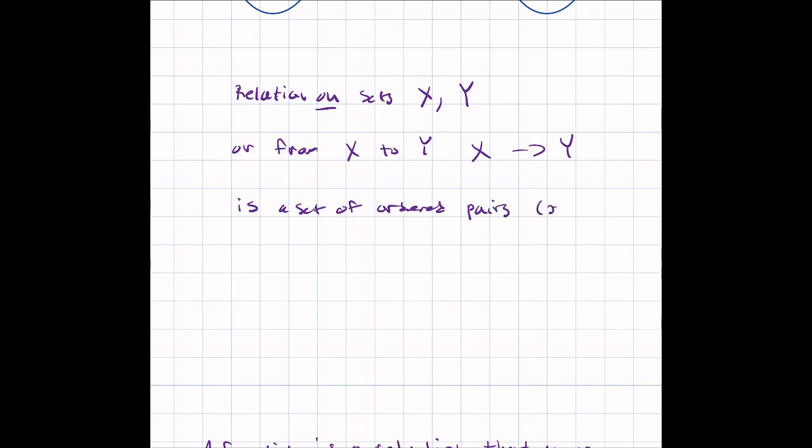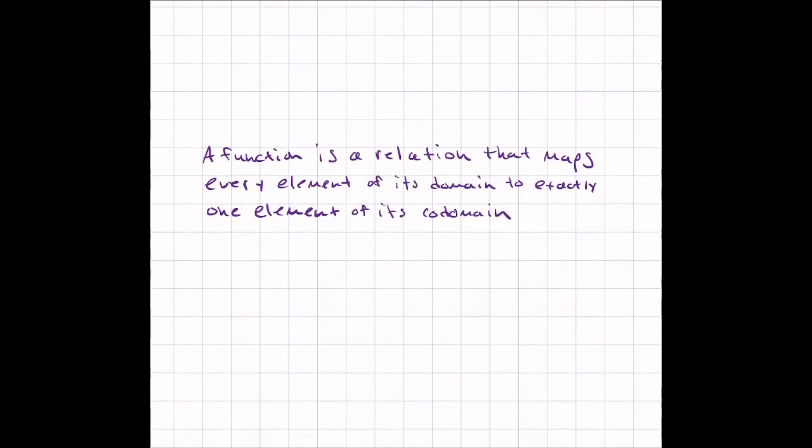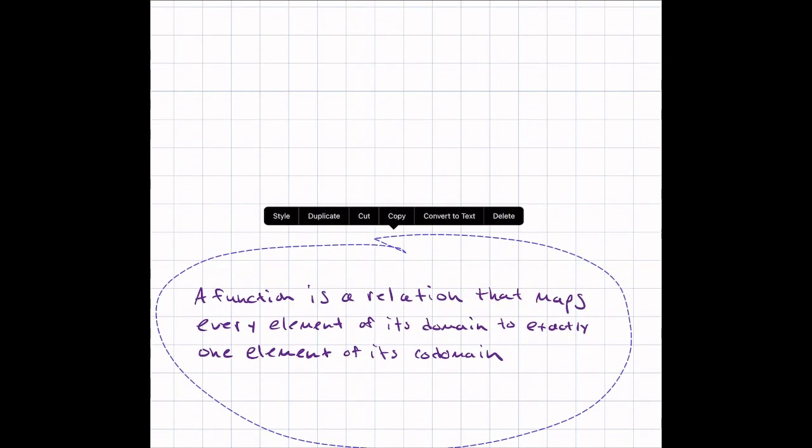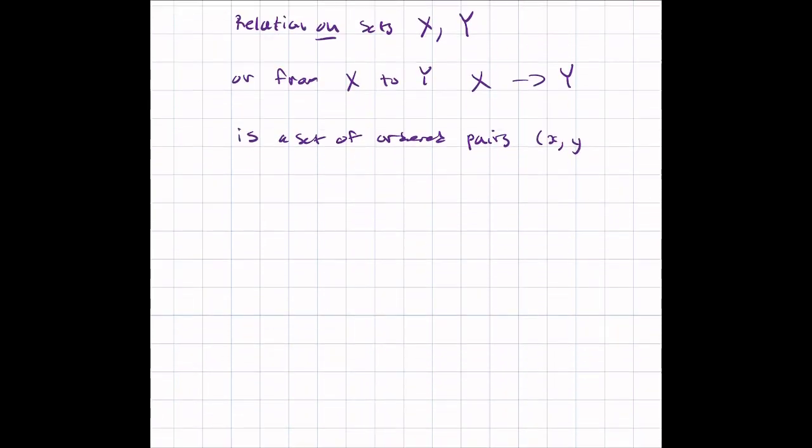So each one of these is going to have the form little x, little y. And here my definition is creeping in and ruining the surprise, so I'm going to kick them down here. Don't read that yet. Little x and little y, where little x, you guessed it, is in big X, and little y is in big Y. So it's just a set.